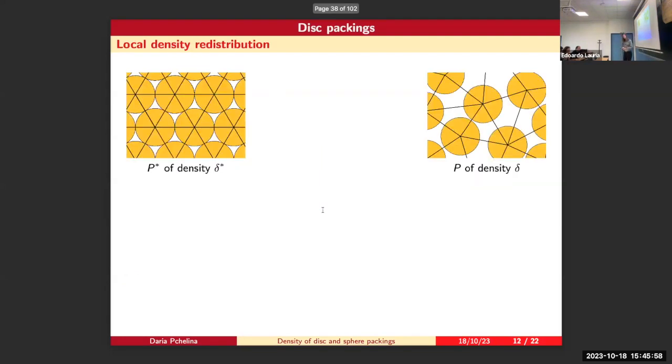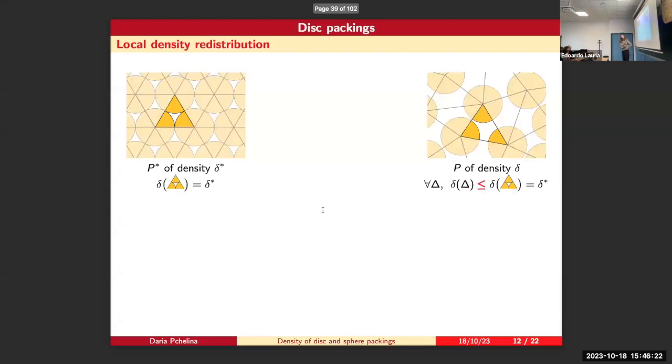It's nice. And now I propose you to look at the sketch of the proof for the simplest possible case, the case of packings by identical disks that we already saw at the beginning. So here we have our hexagonal triangulated optimal packing of density delta star. And let's look at its triangulation.